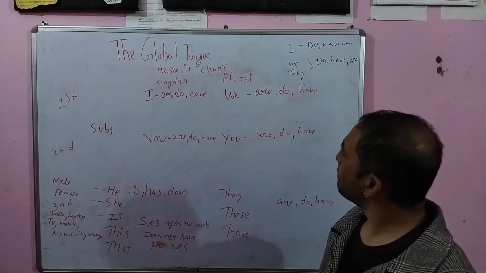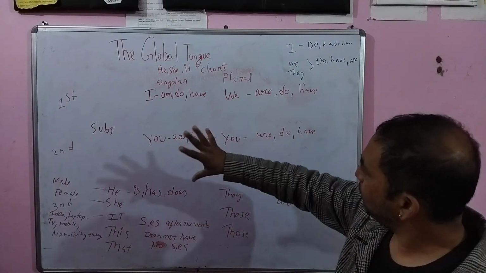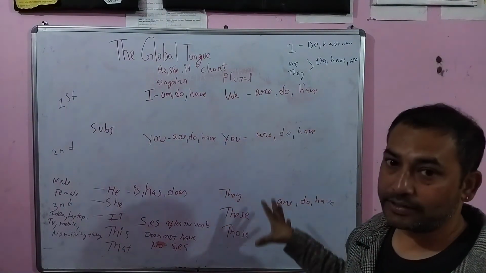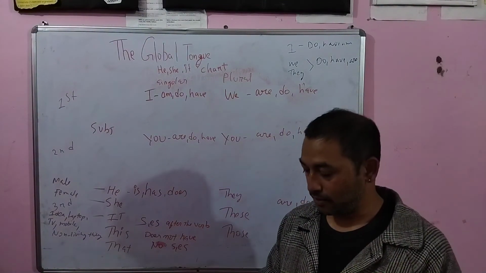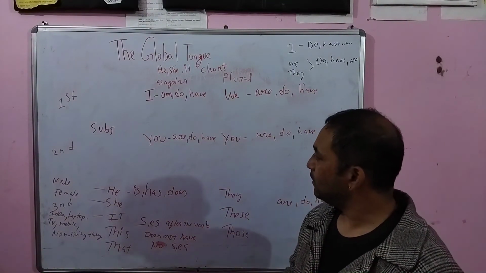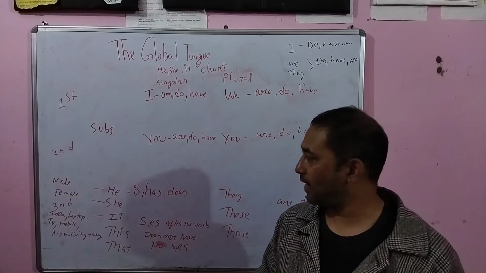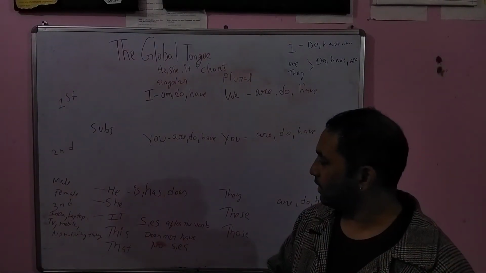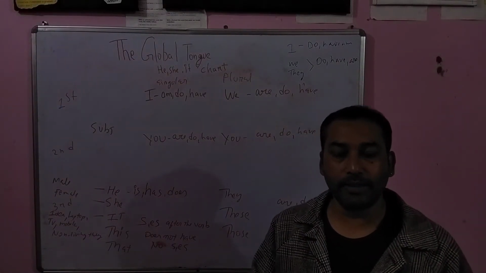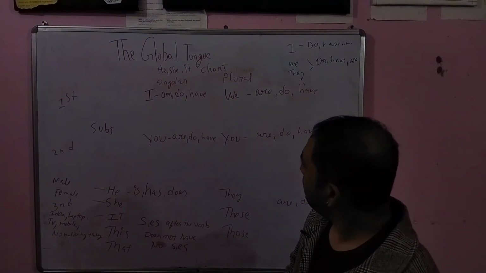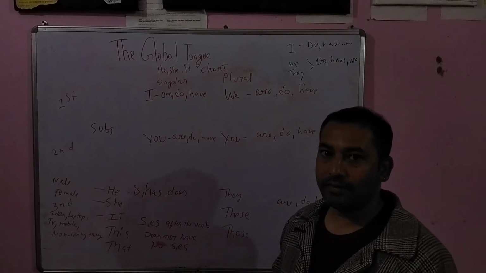Got it? So make sure, guys, you follow this chart. Use this method. If you are a student, you will be able to score nicely, because now you know who your subjects are and who your friends are.